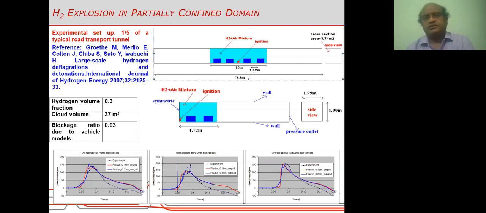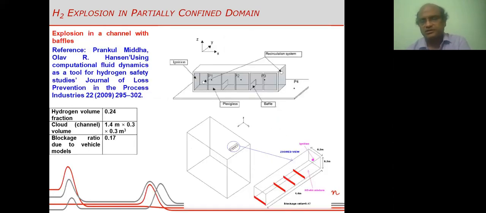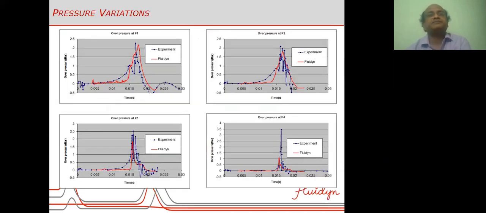What we may be looking for is maybe a 90% accurate result. In that case, we can represent these objects using porosity or subgrid scale models. So this is one example. We have shown the overpressure from an explosion compared with experimental data. With these models, we can get reasonably accurate results with less computational time and memory.